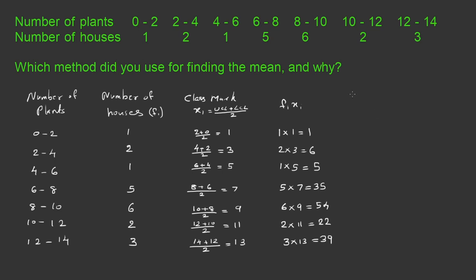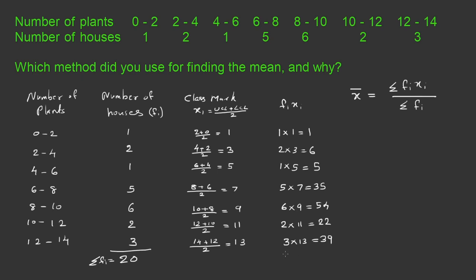We know by direct method mean of observed data x bar is equal to sum of Fi Xi divided by sum of Fi. It is already given in the question that sum of Fi is 20, or we can calculate it.